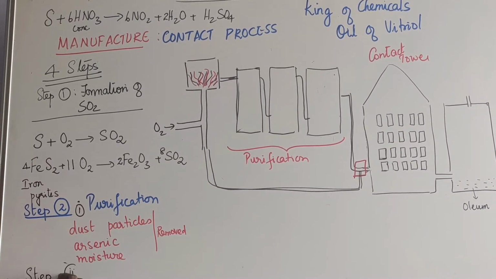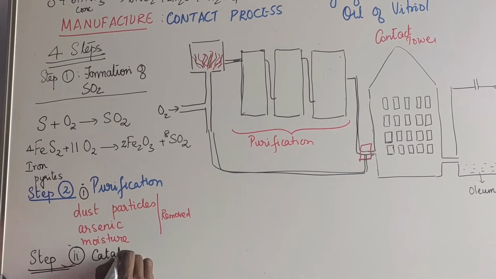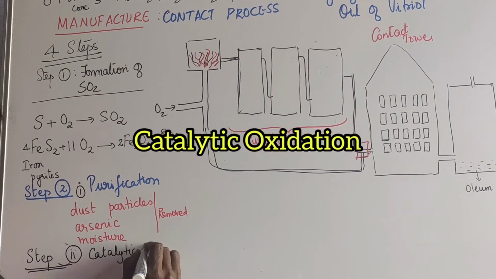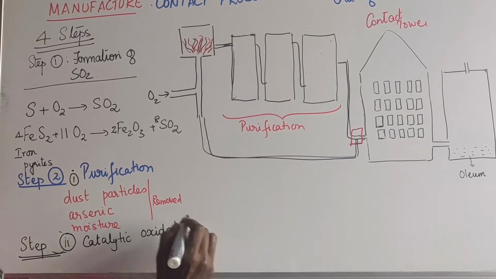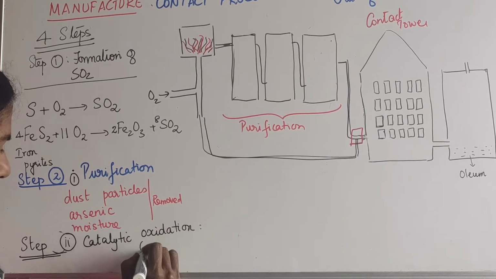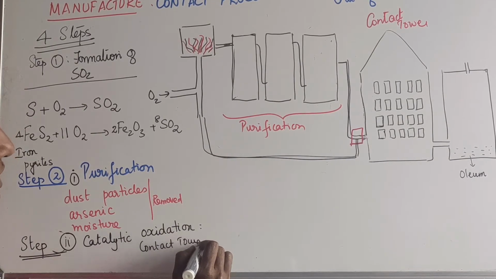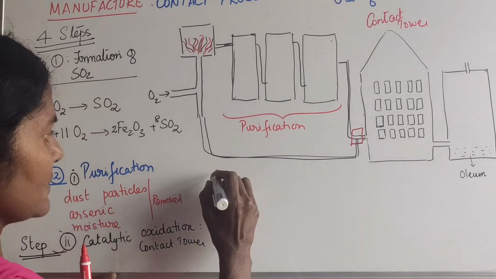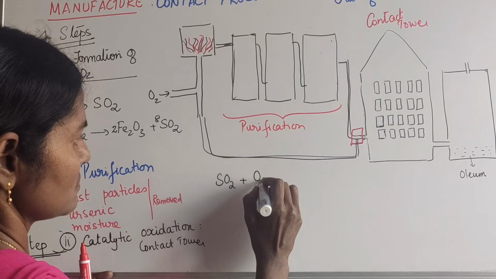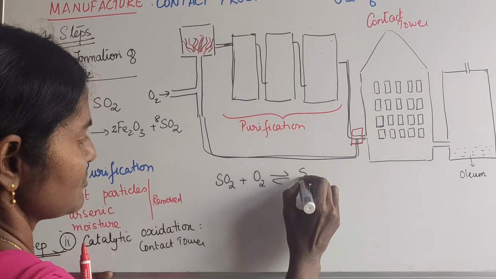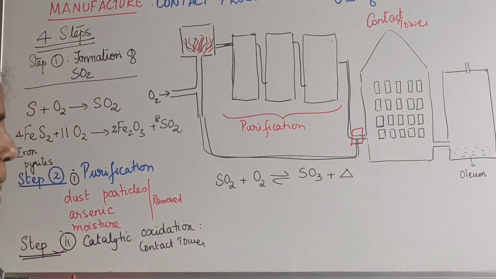Second point, this is the catalytic process or catalytic oxidation. What happens here? This happens in the contact tower. Sulfur dioxide reacts with oxygen to give sulfur trioxide and a lot of heat.